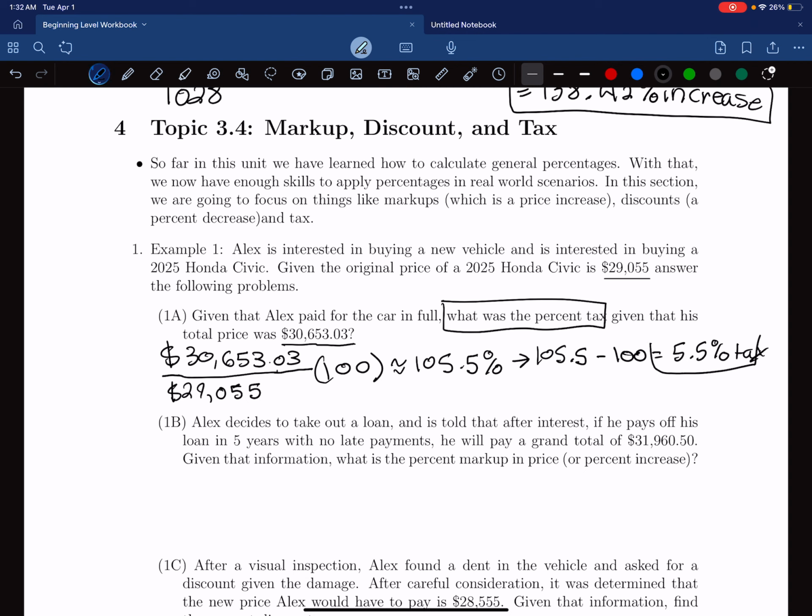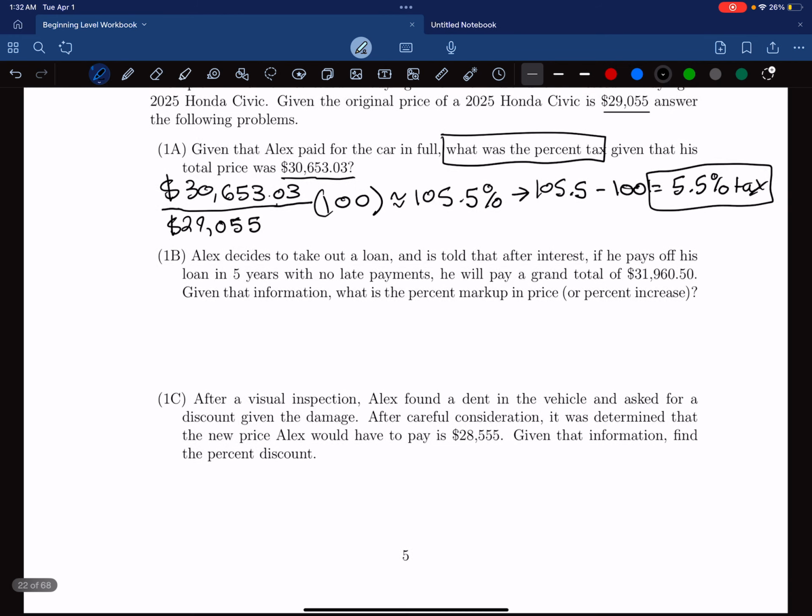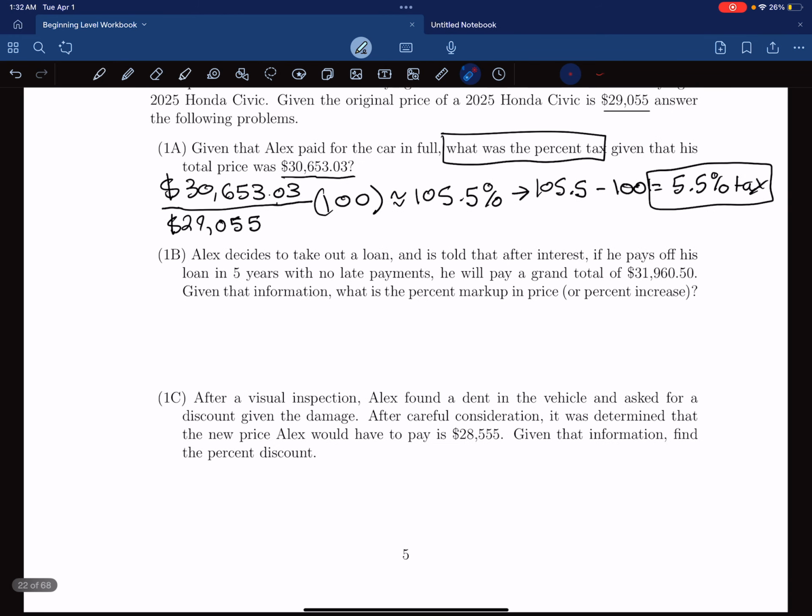Looking at example 1b, we have the following scenario. Alex decides to take out a loan and is told that after interest, if he pays off his loan in 5 years with no late payments, he will pay a grand total of $31,960.50.